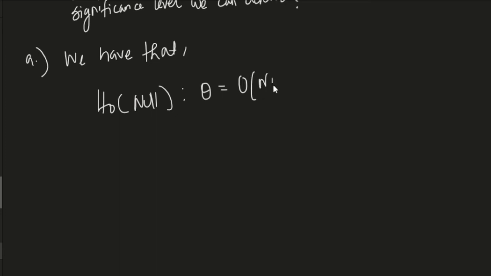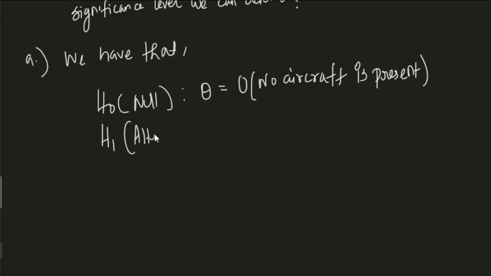That is, no aircraft is present. Then we have H1, which is the alternative hypothesis, and this is theta equals 1.